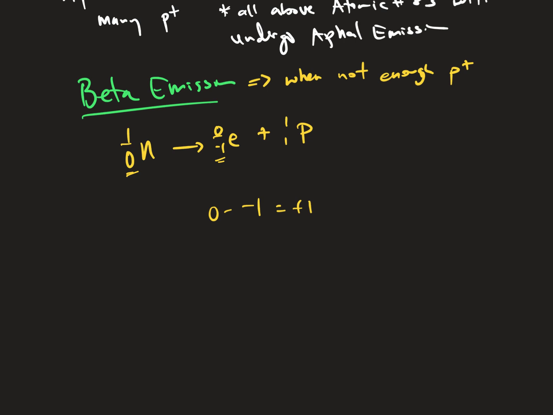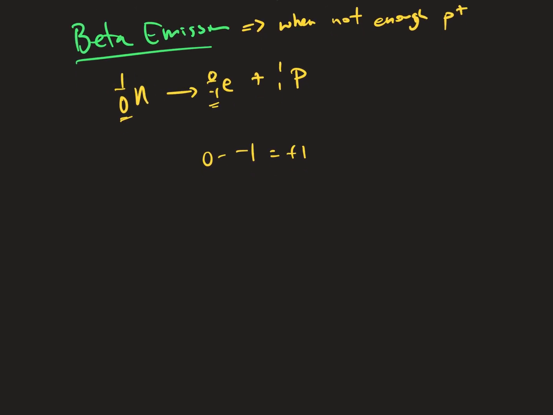So let's do another one. Some of you made the same mistake that many students do when we did this one. But let's do another one, see if we can not make a mistake here. So let's do iodine 131, and it undergoes beta decay.